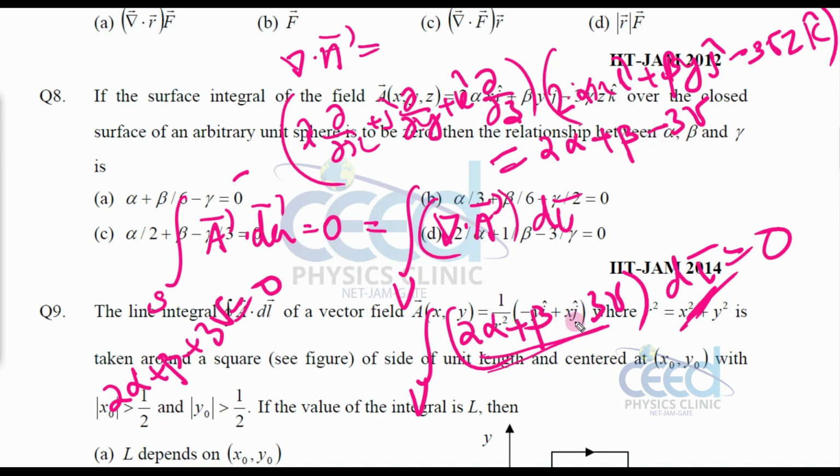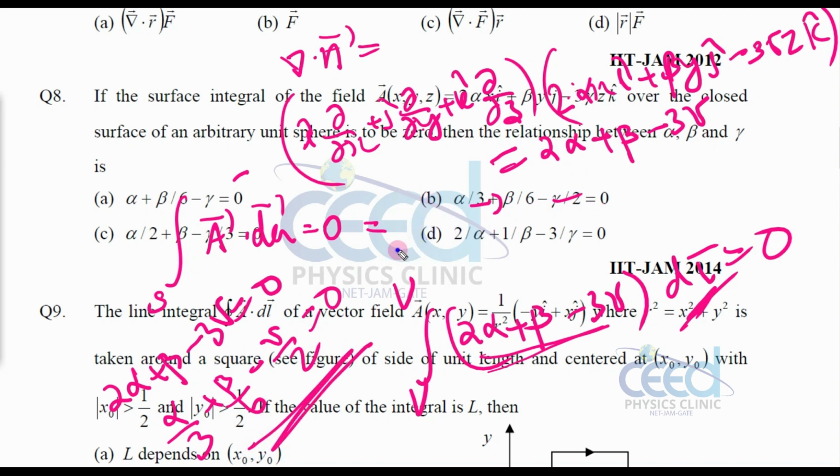That's the only problem. So this will be minus. Let me divide by 6, then this becomes alpha by 3, this becomes beta by 6, and this becomes gamma by 2, equal to 0, to make the answer in the desired format. So the option is B. So this will be the equation, given as option B. So B is the answer.